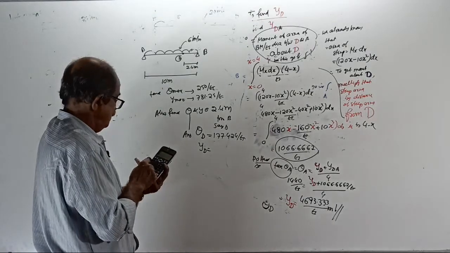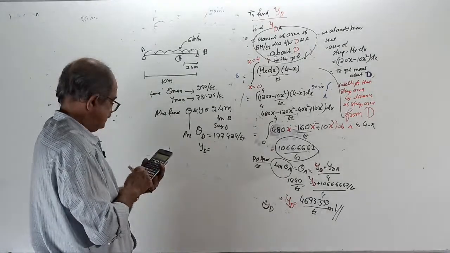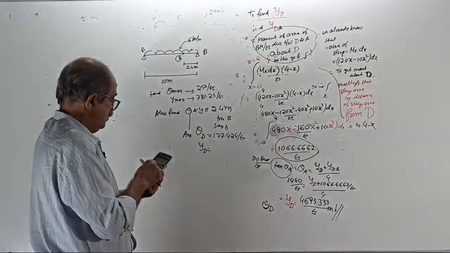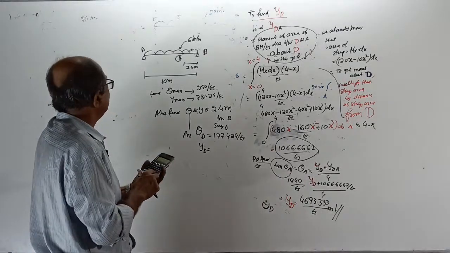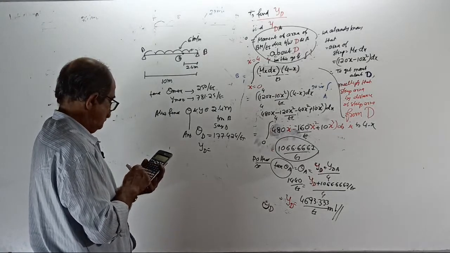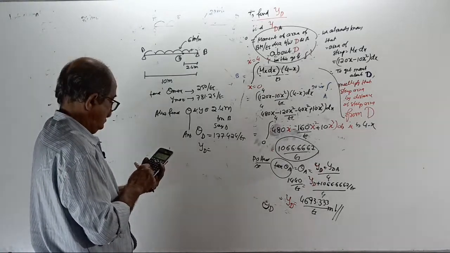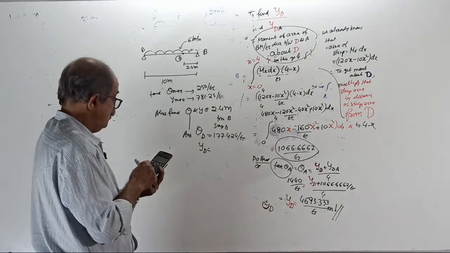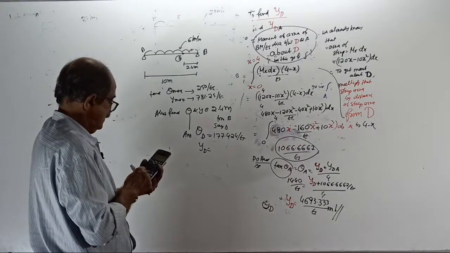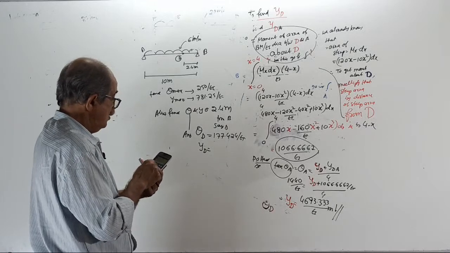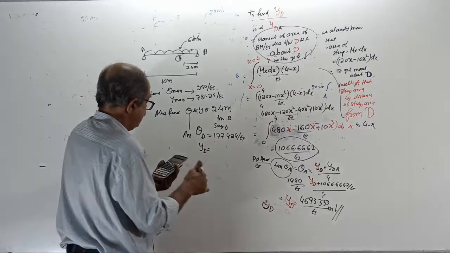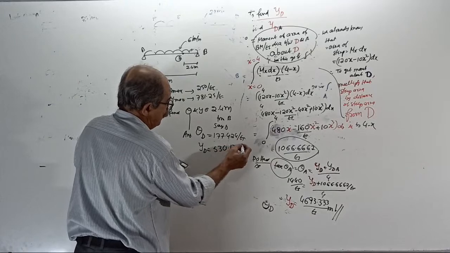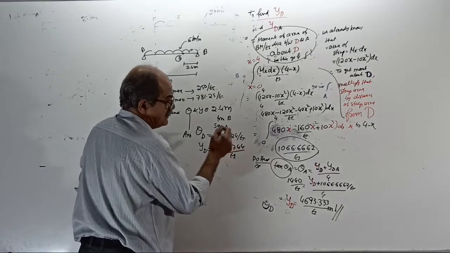And deflection at D will come, minus 250 plus 30 into 2. Oh, correct. 530.1744 by EI, that much deflection will come.